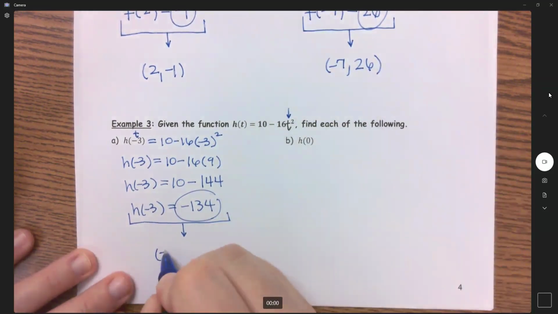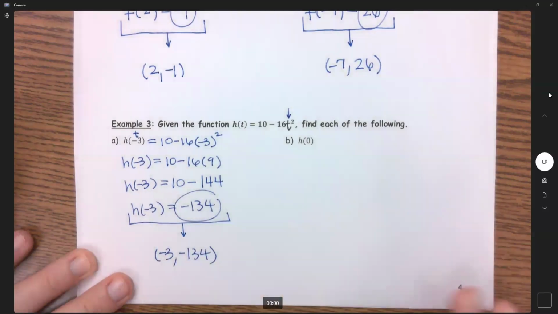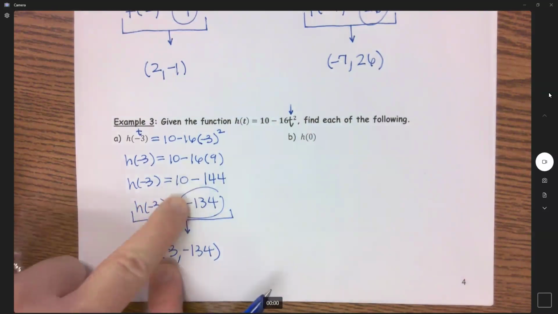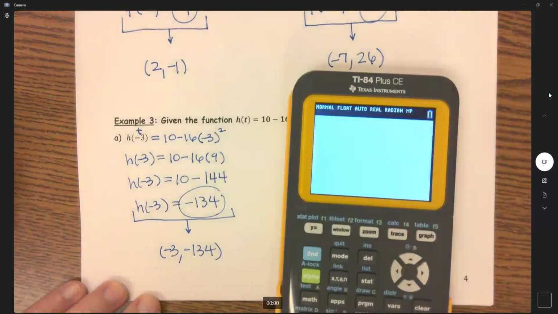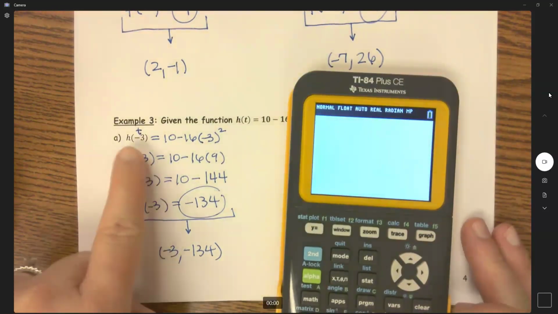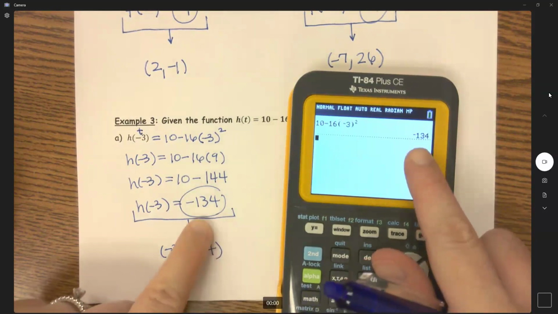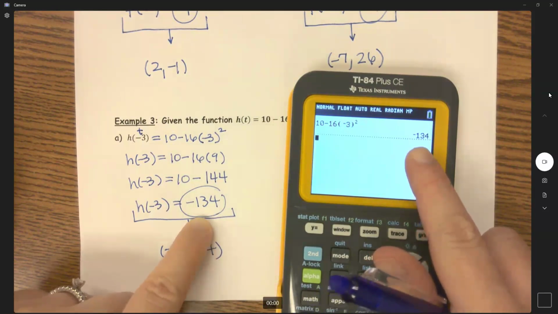This would be negative 3 comma negative 134. Here is my input, and here is my output. Now again, once you substitute this in, you can put this all in your calculator. So 10 minus 16 times negative 3 in parentheses squared gives me negative 134. If you don't want to work that out by hand, you don't have to, just put it in your calculator.